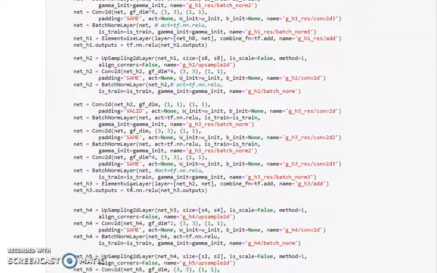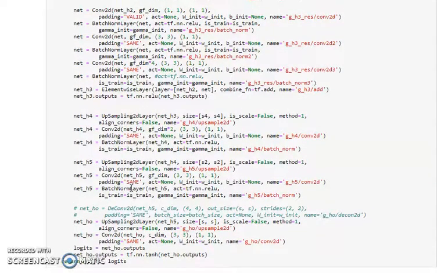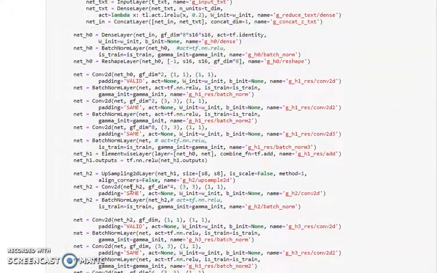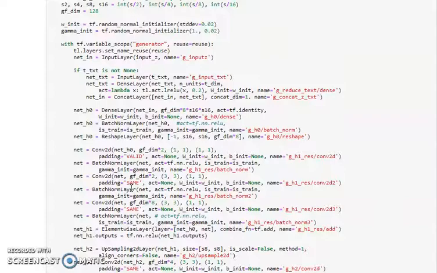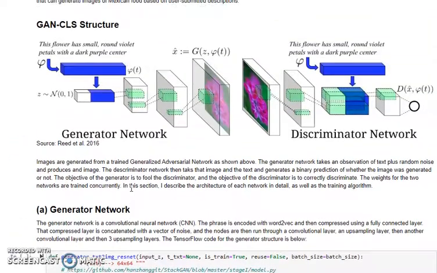It's a relatively straightforward and simple convolutional neural network. It's got 5 hidden layers, and it's basically a series of convolutions as well as upsampling layers. And so that generator network then produces an image.